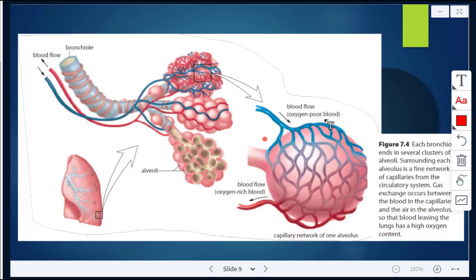And notice again, it's covered with this capillary network. So each bronchiole ends in several clusters of these alveoli, and surrounding each alveolus is this network of capillaries from the circulatory system, and that's where gas exchange will occur between the blood in the capillaries and the air in the alveolus, so that blood leaving the lungs has a high oxygen content.